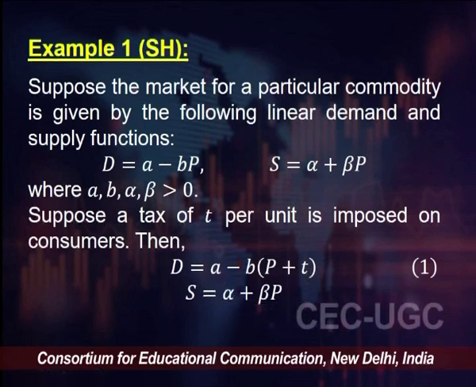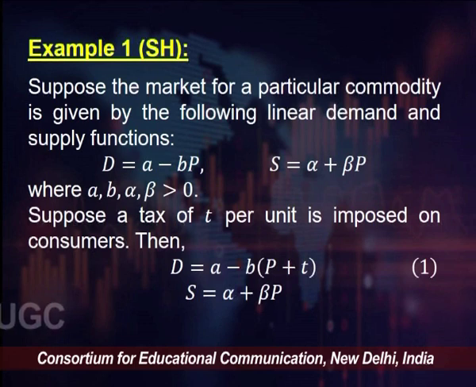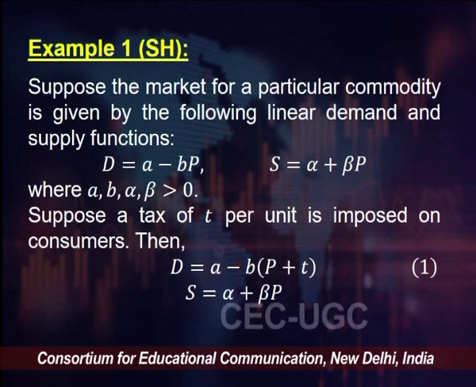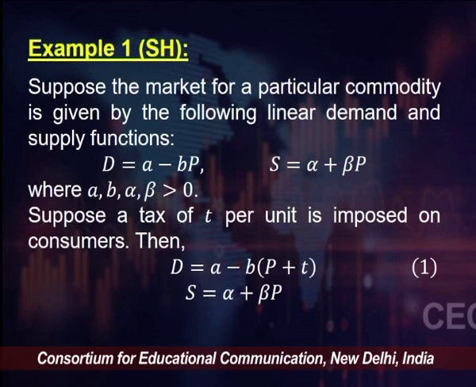Now, you can think of things in this way: let us suppose the consumer goes to buy a commodity, and at the entry he has to pay, so he has already decided that he is going to buy, let us say, so many units. For every unit that he buys, he has to give a tax of T to some agent of the government who is standing there.